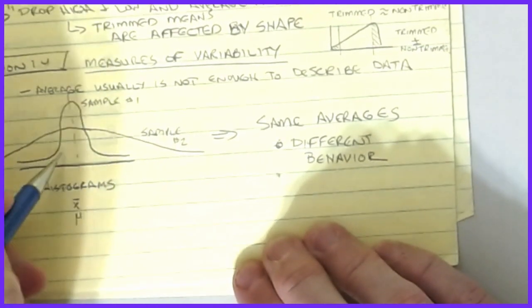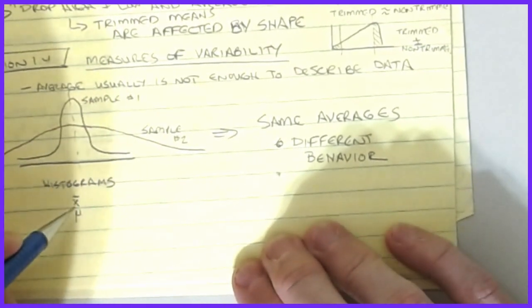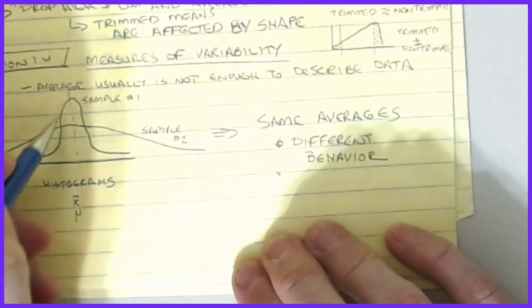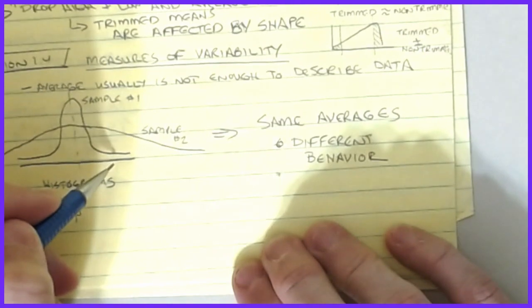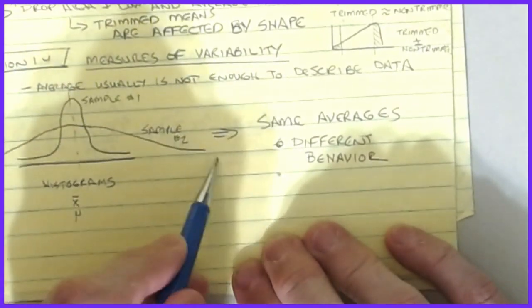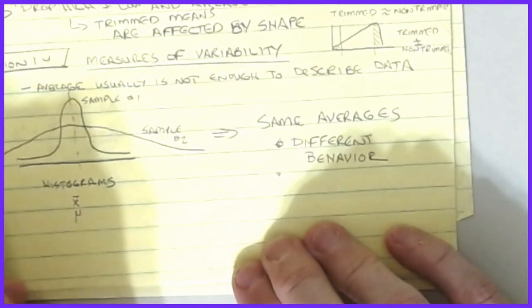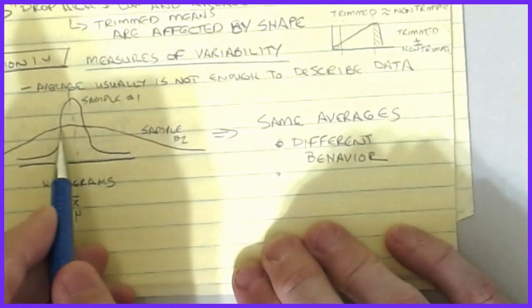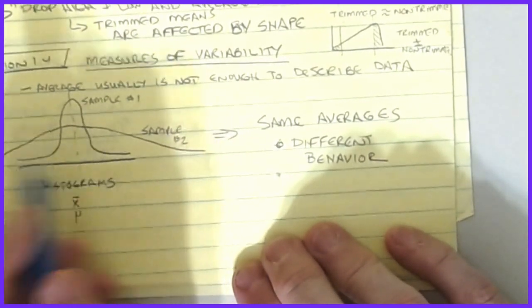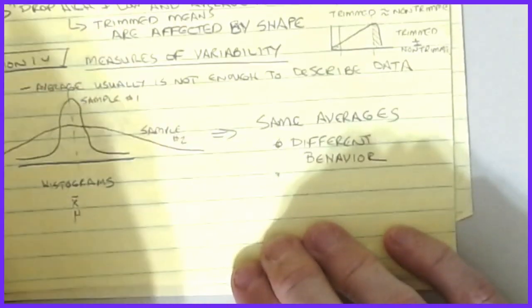Maybe sample 1 is a whole lot of data centered right around that value that got me that average, so I would get a higher peak in this histogram around that value. But I could also have a data set that's much wider, centered at that same point, spread out a whole lot more. So we need a measure of how much this is spread out, and that's what we call variability.